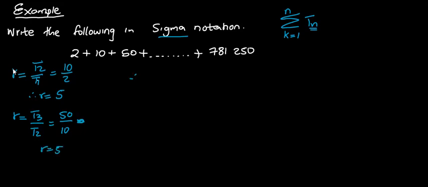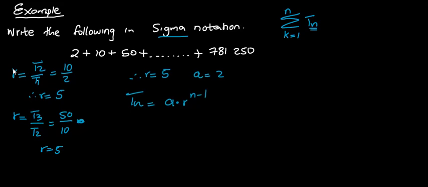Therefore, we can conclude and say r is equal to 5, and the value of a is the first term of the sequence, which is 2. Remember, because we have a common ratio, this is a geometric sequence. The general formula for a geometric sequence is Tn is equal to a multiplied by r to the power n minus 1.